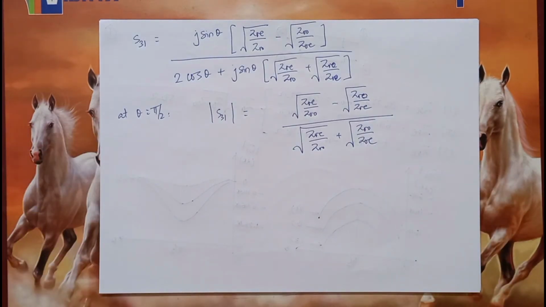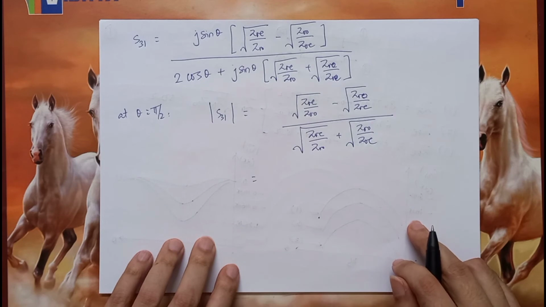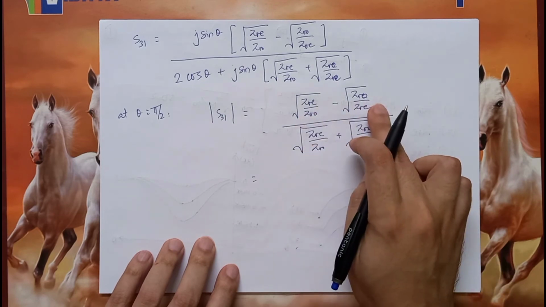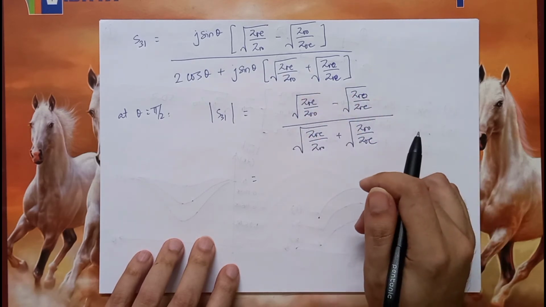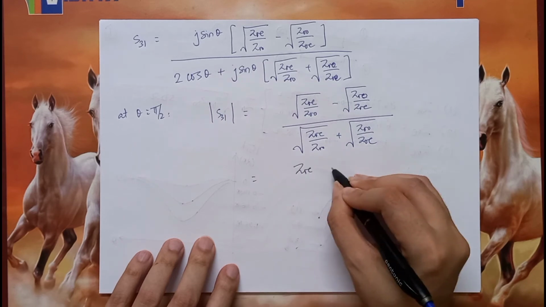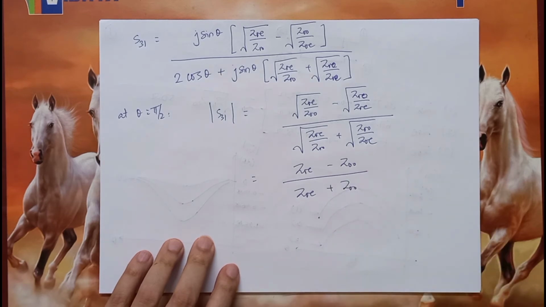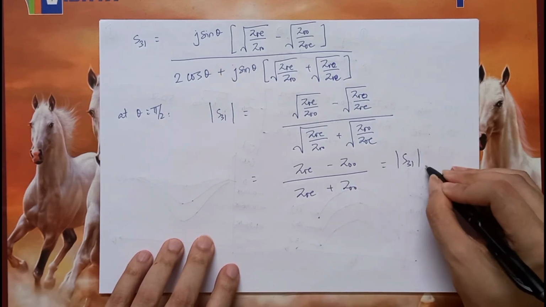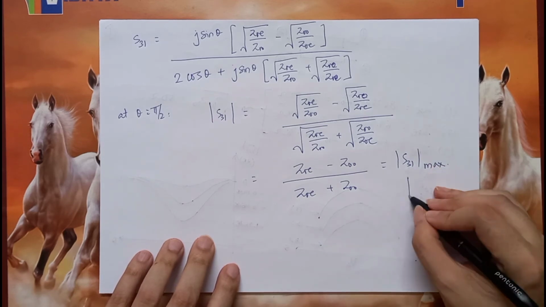Now if you do a little bit of cross multiplication, the denominators will be common so they will cancel out, and root Z0e and root Z0e will become Z0e minus Z0o divided by Z0e plus Z0o. So this is the maximum possible value of S31, and this is called the peak coupling coefficient.